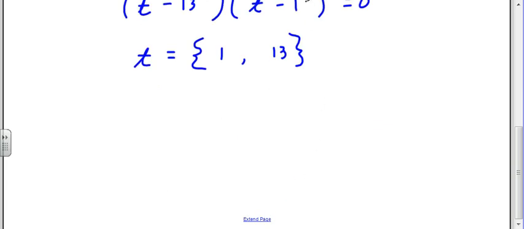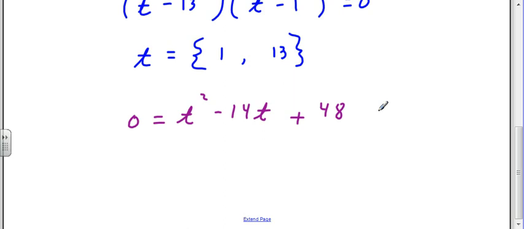And the last part of the problem says V is equal to 4. No, it's not. V is equal to 0. So 0 is equal to t squared minus 14t plus 48. Now, does that factor? 48 would be 6 times 8, right?